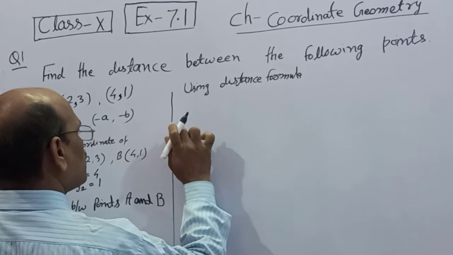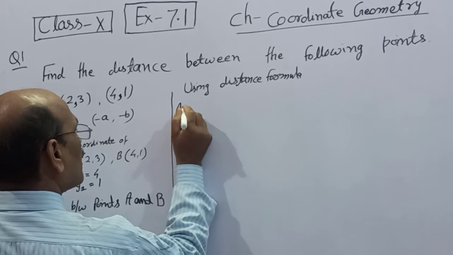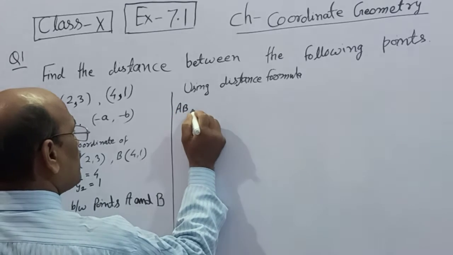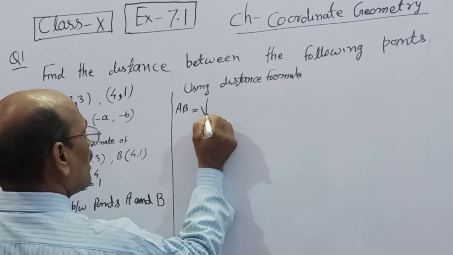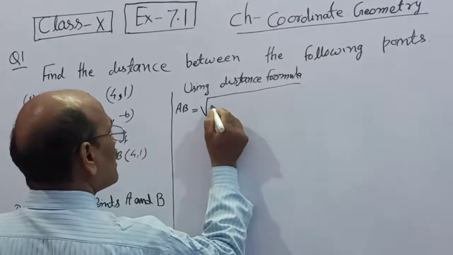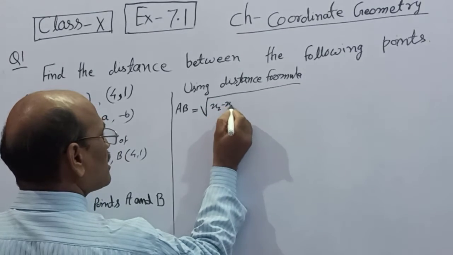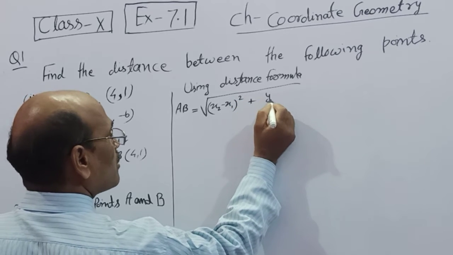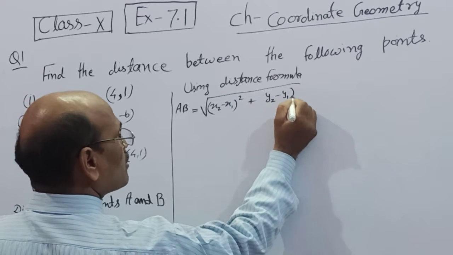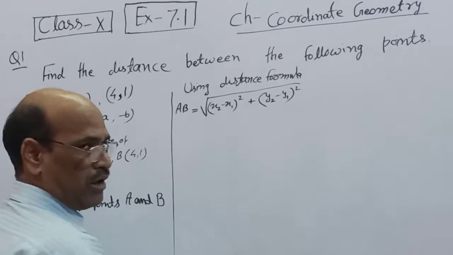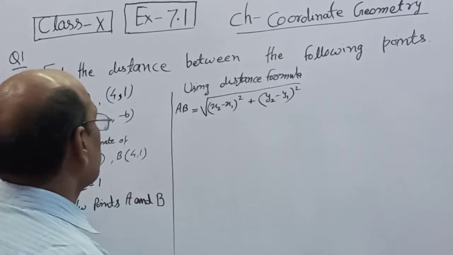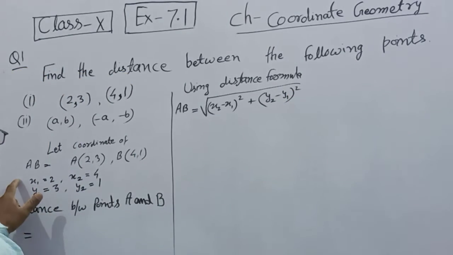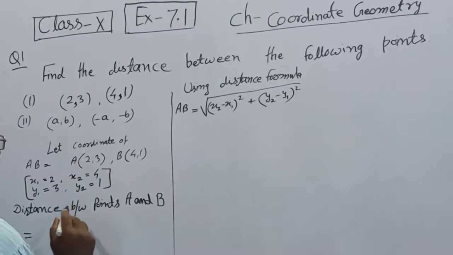AB is equal to under root x2 minus x1 whole square plus y2 minus y1 whole square. Then we have to put in this formula, these values are given.